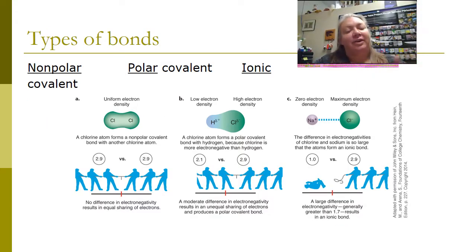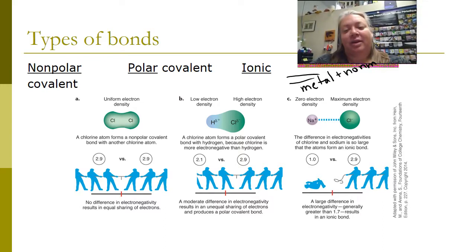So this slide is going to go back to those types of bonds and really emphasize the differences between covalent and ionic. So let's start with a review of ionic. With ionic, we have a metal and a nonmetal. If we relate that to electronegativity, we have something that has a high electronegativity and something that's a low electronegativity.